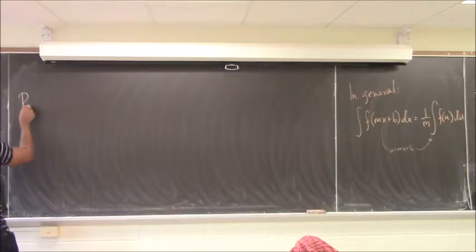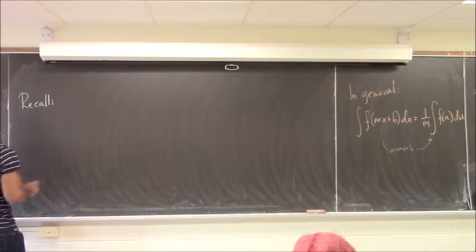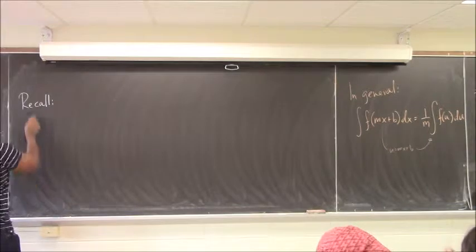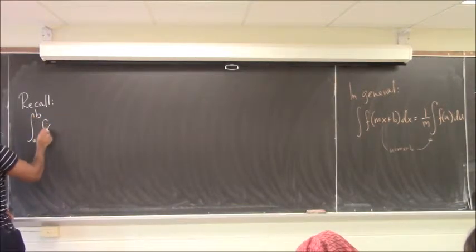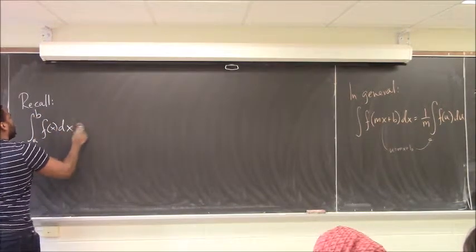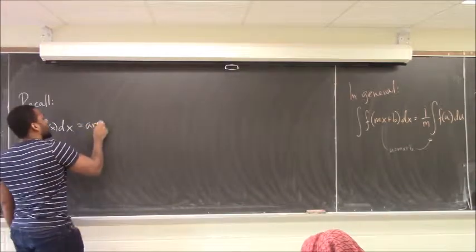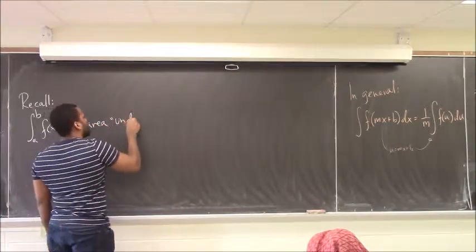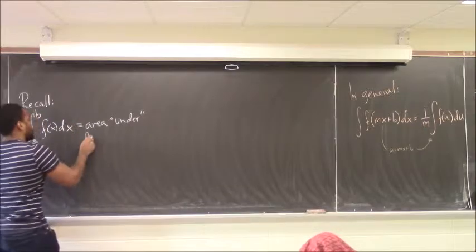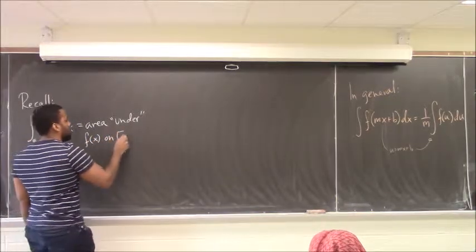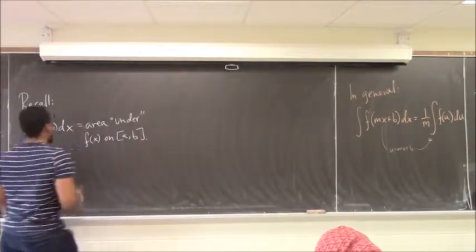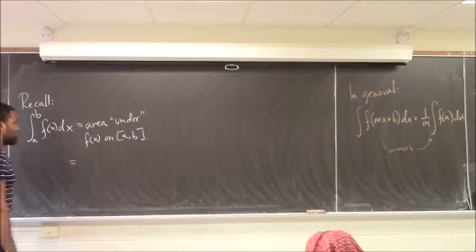So recall, just to make this very specific, this guy we referred to as the area under a curve, under f of x on the interval AB. Pretty much every time I wrote that, I wrote "under" in quotations.